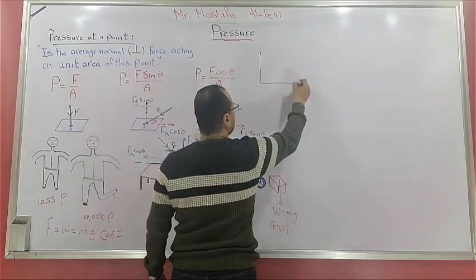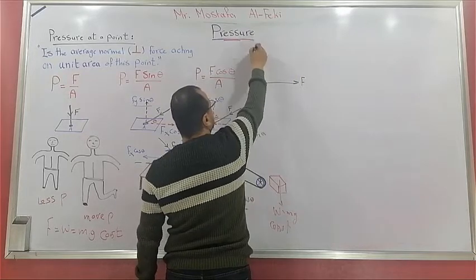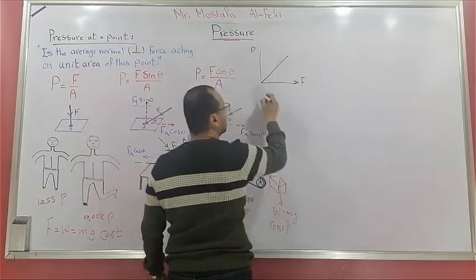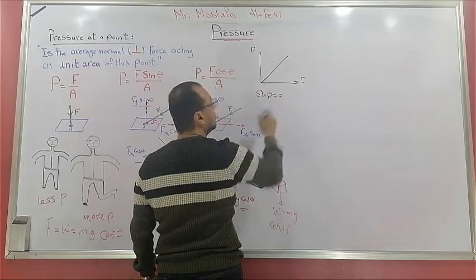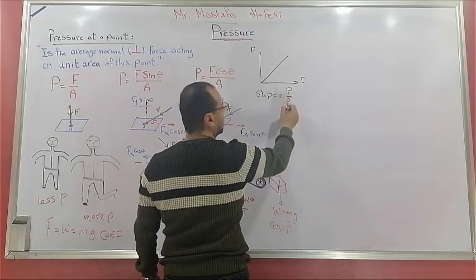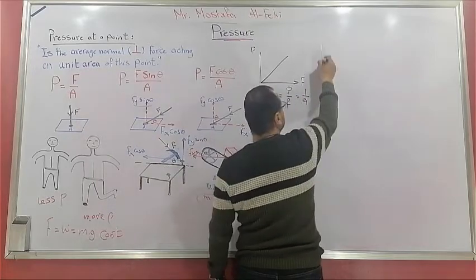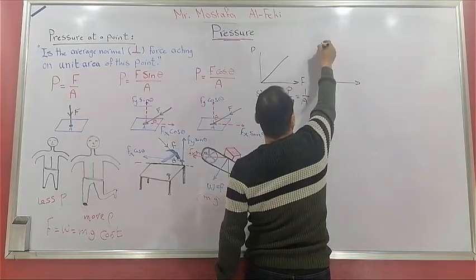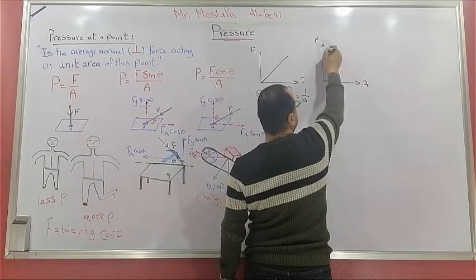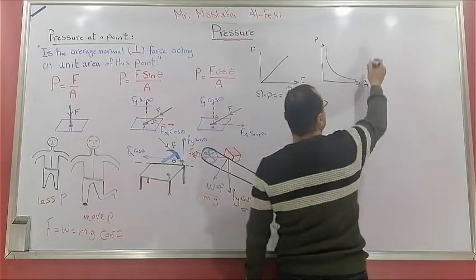Then the relation between the pressure and the force is directly proportional, and the slope equals P over F, which equals 1 over A. And the relation between pressure and the area is inversely proportional.